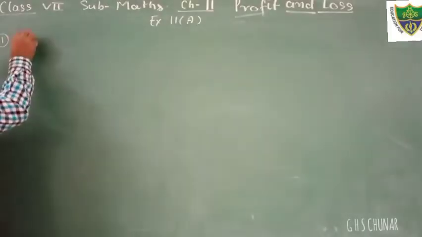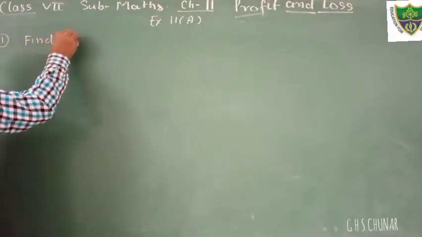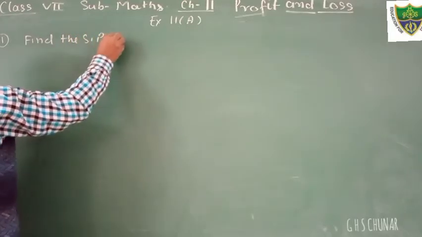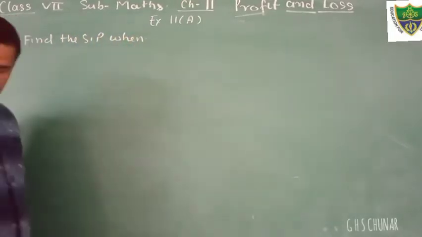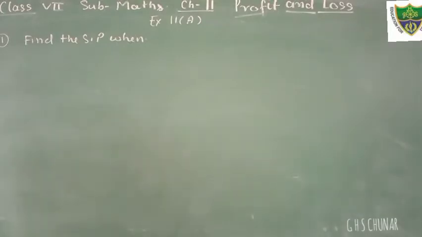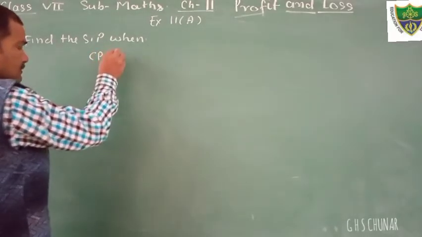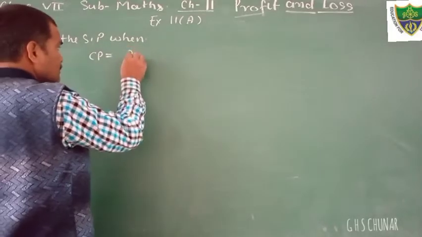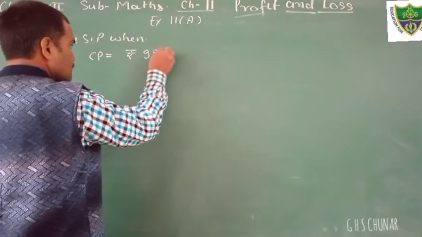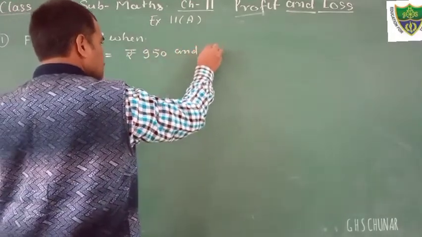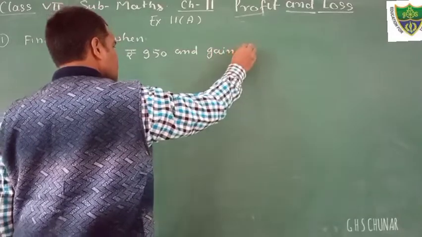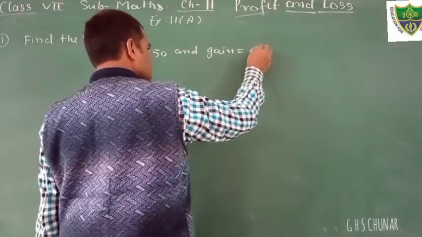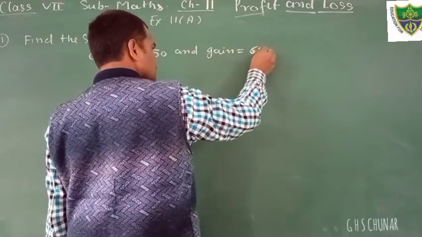Question number 1, find the SP when CP and gain percent are given: CP is equal to rupees 950 and gain is equal to 6%.